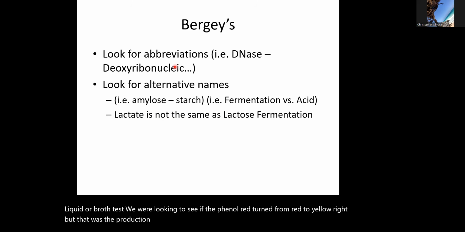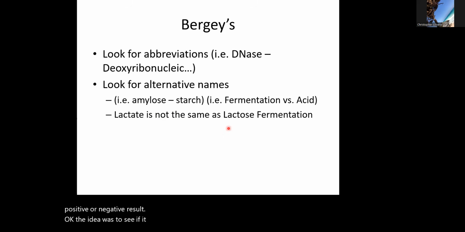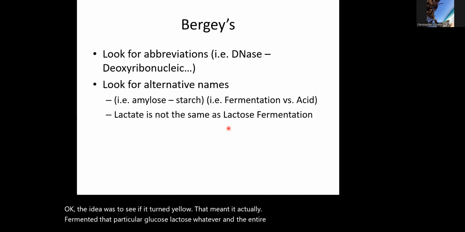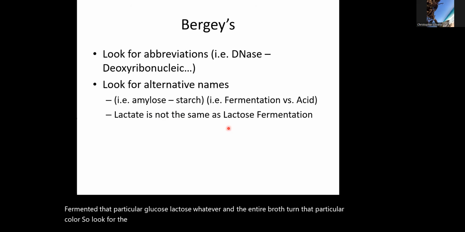So in order for us to confirm that it was the actual positive or negative result, the idea was to see if it turned yellow. That meant it actually fermented that particular glucose, lactose, whatever, and the entire broth turned that particular color. So look for the right responses. Make sure that you're aware of the definitions, the terminology, and all that stuff. And when in doubt, again, you can always ask us just in case, okay?